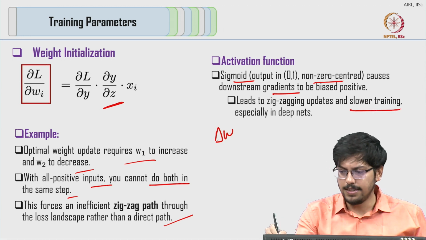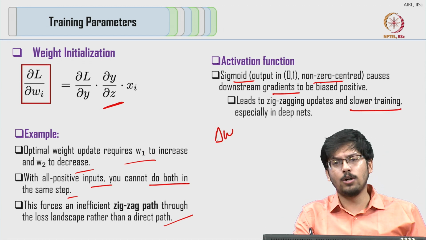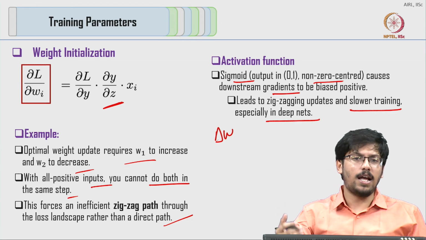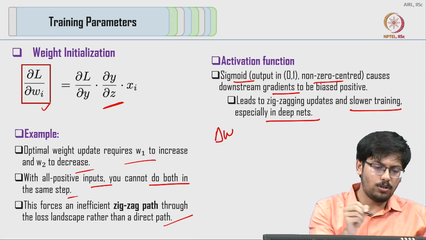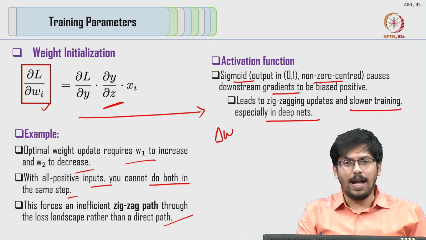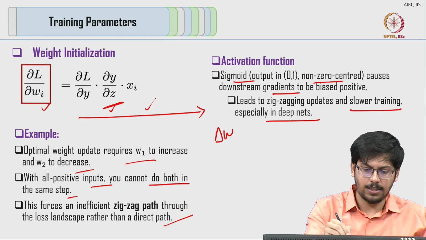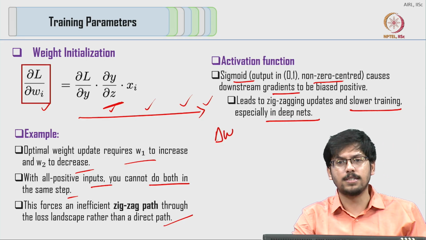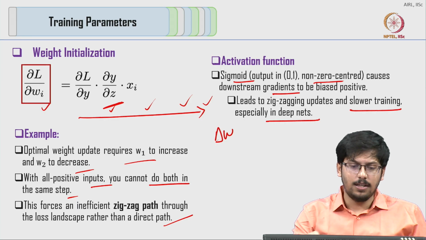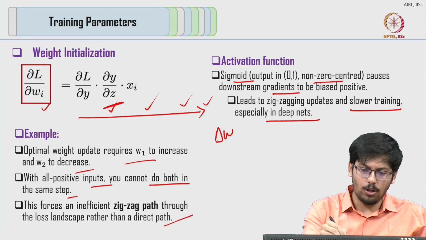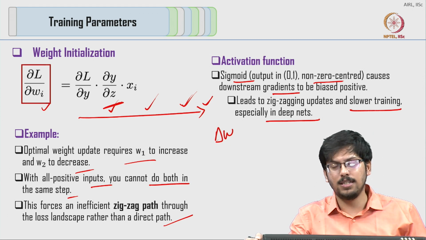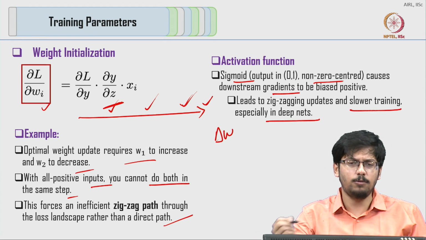Right. This essentially would also be an issue and would cause slower training, especially in deeper models, because as we keep on having deeper models, this chain rule becomes longer and longer, and hence the effects of different weights also have an influence. So, if we have sigmoid in all these layers, then the multiplication of all these small numbers, which are essentially the derivatives of the sigmoid activation functions, will be a very small number.